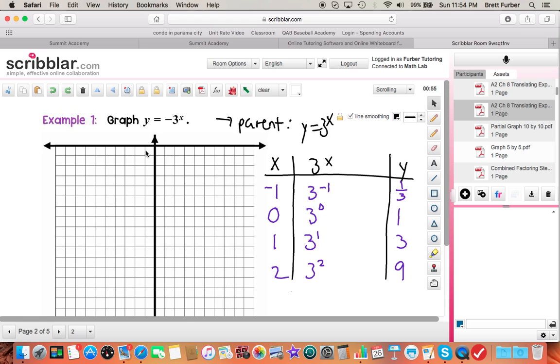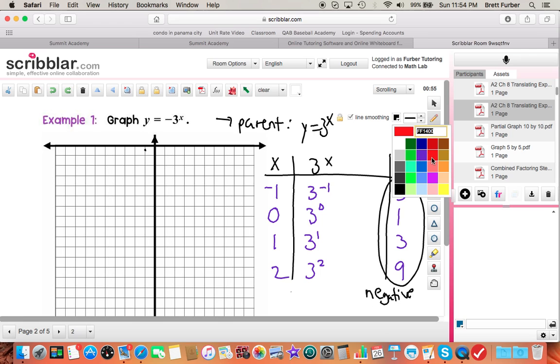It's going to drop below the x-axis to negative 1, negative 1/3. So it's going to be roughly right there. All of these points are going to change. The y values right here are going to all change to a negative. That's how these are going to translate.